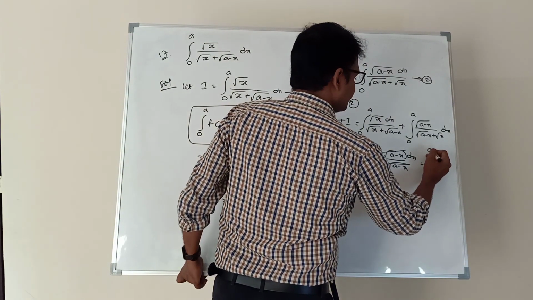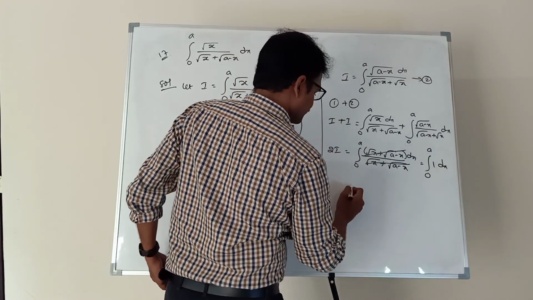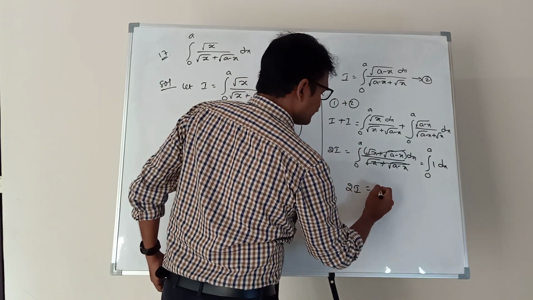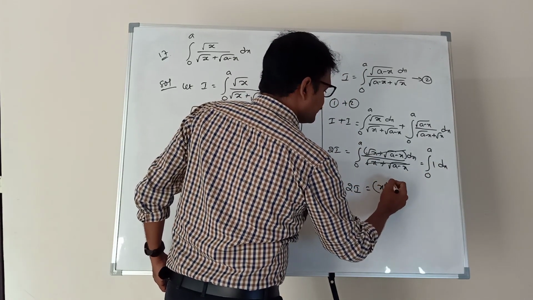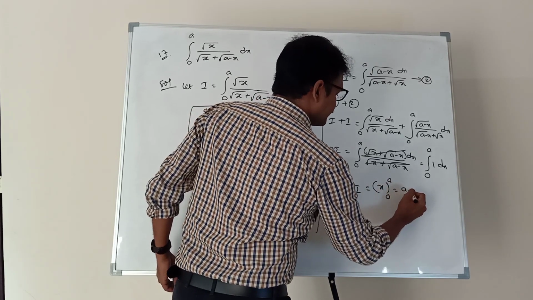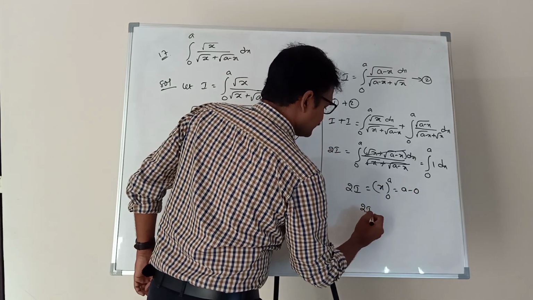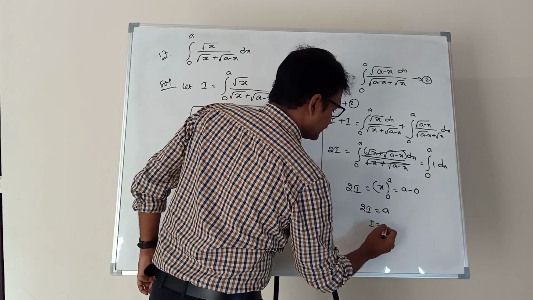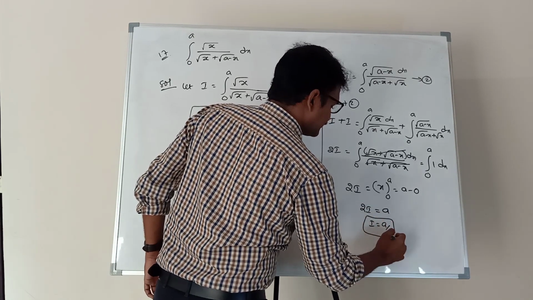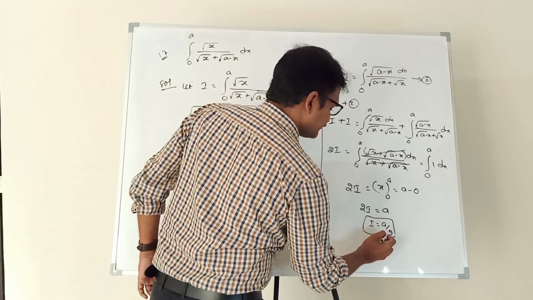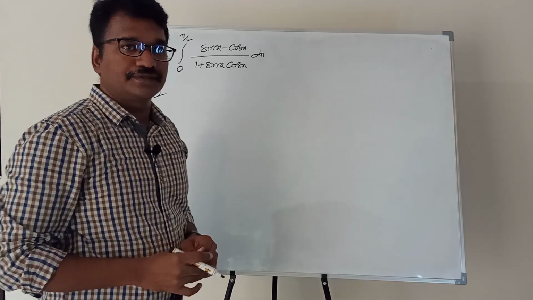Integration of 0 to a of 1 dx. So 2I is equal to integration of 1 is x, 0 to a, a minus 0. So 2I is equal to a, I is equal to a by 2. This is the value of the given integration.